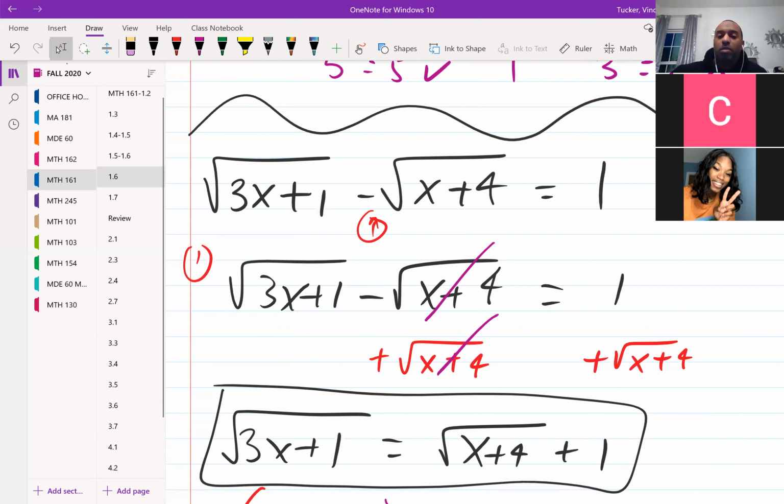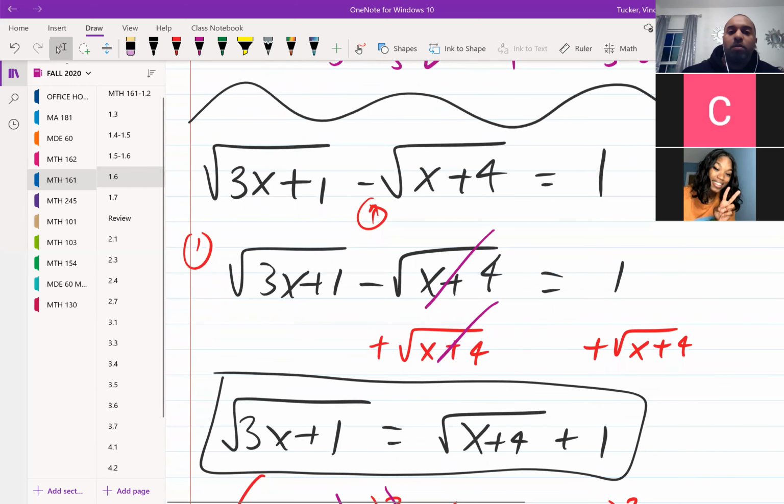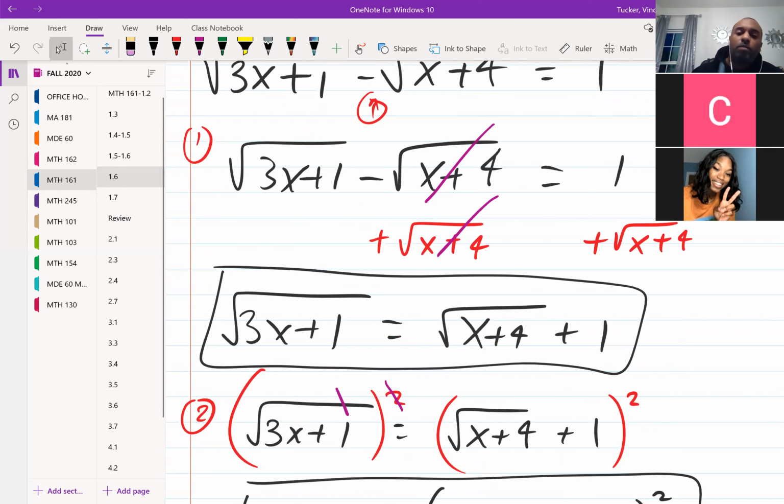All right. So coming down to the next step, we need to get that square root off of 3x plus 1. So we square both sides.